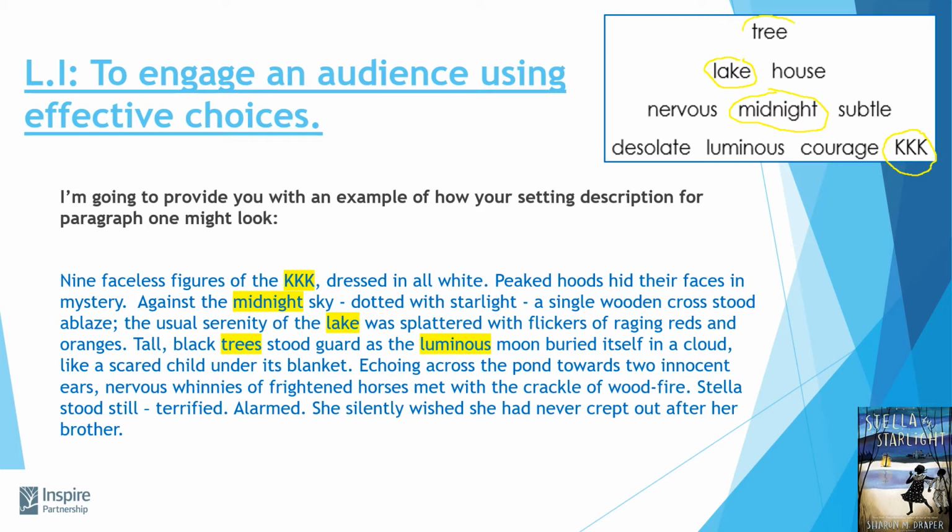I've changed tree slightly into trees, plural, and the last one was luminous, included here. So that leaves me, if I was going to write my second paragraph, the words house, nervous, subtle, desolate, and courage. So I'd need to try and work out how I was going to fit those into my second paragraph.